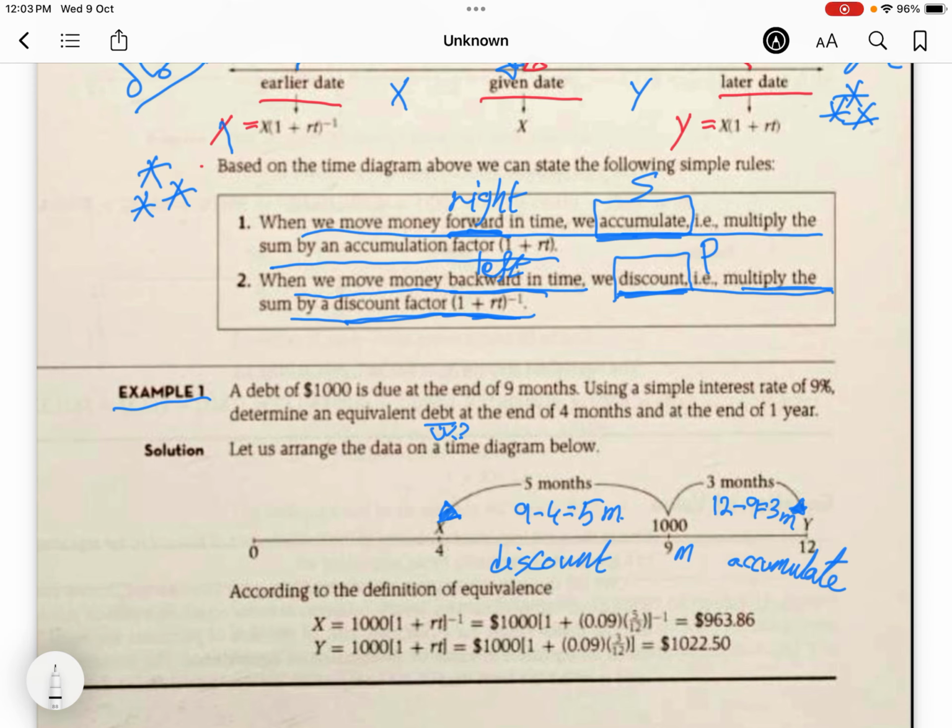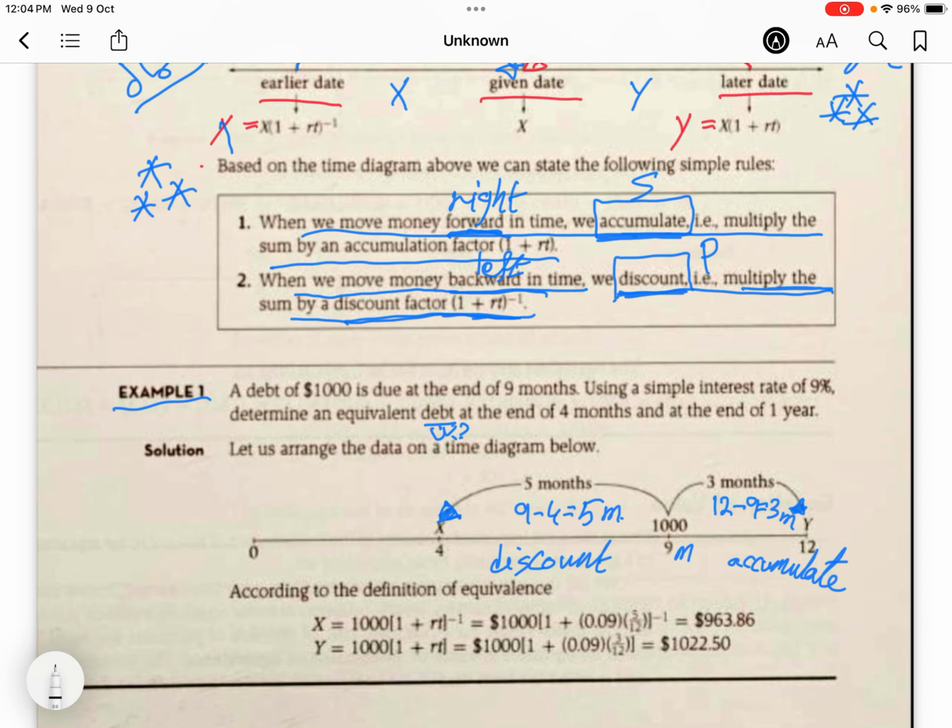Here, how much? 9 minus 4, which is 5 months. So it is 1,000 multiplied by 1 plus 0.09 multiplied by 5 over 12, to the power negative 1, which is 963.856.